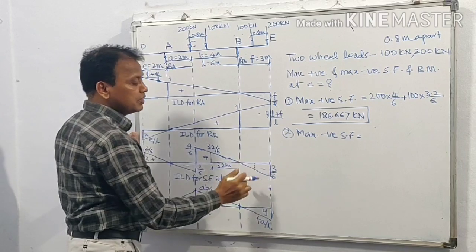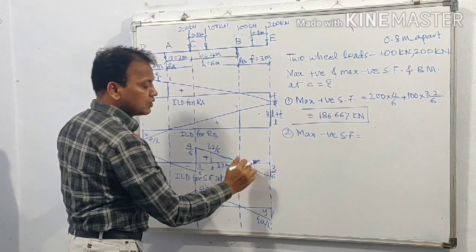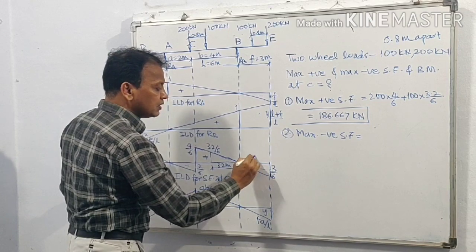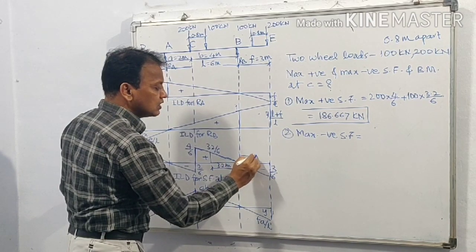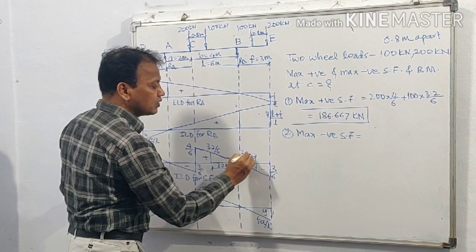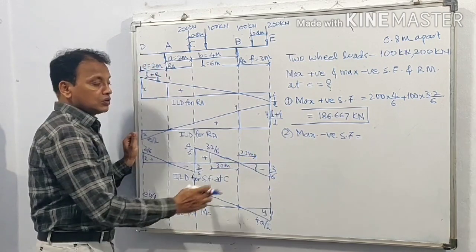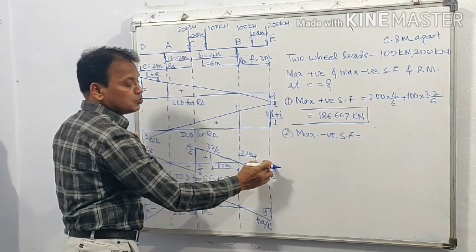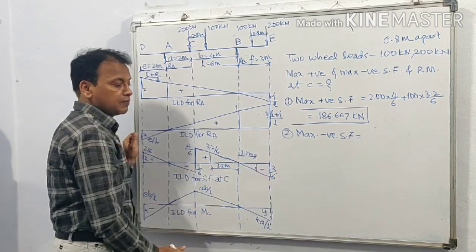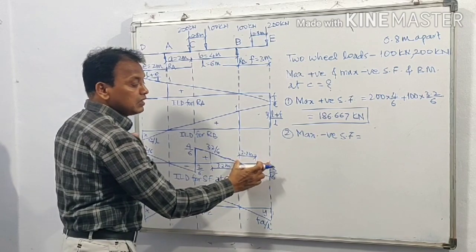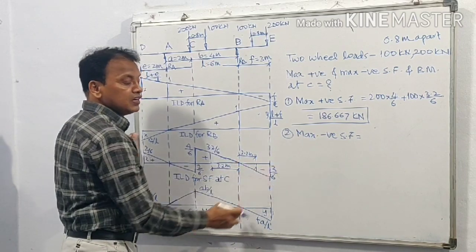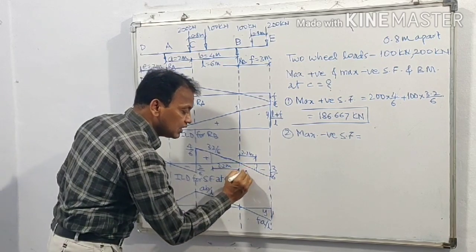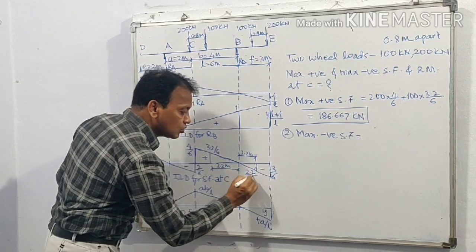We know this is 3 meter, this is 0.8 meter. So when this is 0.8 meter, this distance is 2.2 meter. For 3 meter length, this ordinate is 3 upon 6, and therefore for this 2.2 meter length, ordinate is 2.2 upon 6.